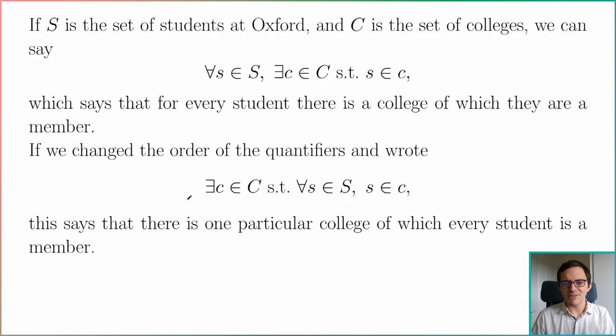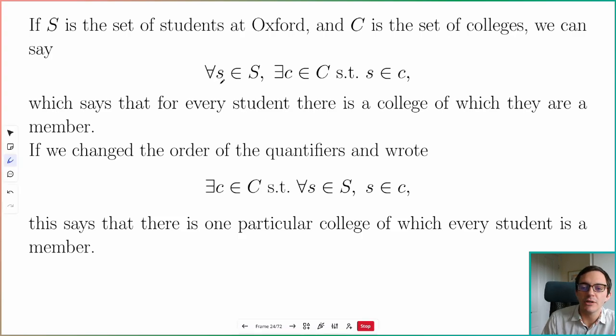So I want to really reinforce the idea that changing the order of the symbols matters. I have my example again with S being the set of students at Oxford and C the set of colleges. So we can say for all students in the set of students at Oxford, there exists C in the set of colleges, such that that student is a member of that college.